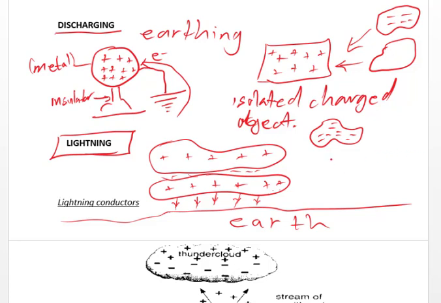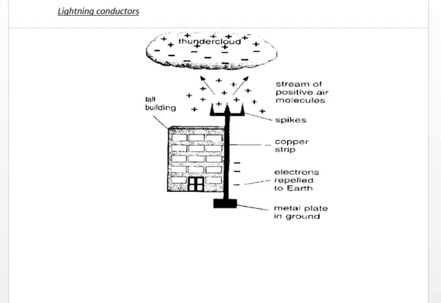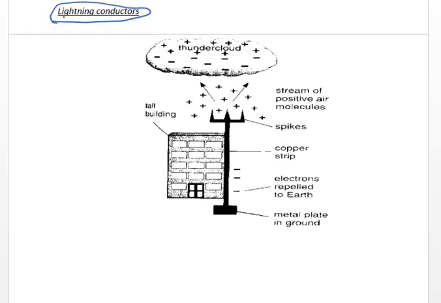Now let's look at a lightning conductor. Here is our lightning conductor. It has a metal plate which is buried in the ground, and it is constructed such that it has a larger surface area here.